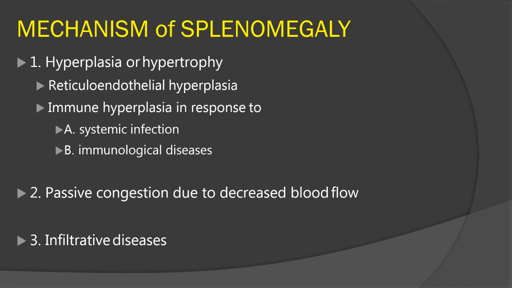Coming to mechanisms of splenomegaly, why does the spleen enlarge? It can be hyperplasia or hypertrophy due to reticuloendothelial hyperplasia or immune hyperplasia in response to systemic infections and immunological disease.